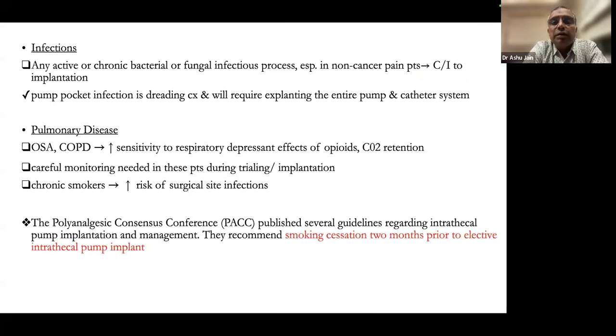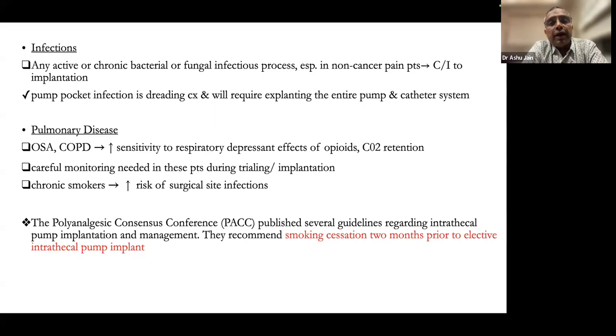Then this is most important: whenever you are implanting any permanent device into the body, you must rule out any ongoing infection in the body, because that infection can go and seed on the pump, and once the device catches the infection, it doesn't go. So what is the standard protocol?